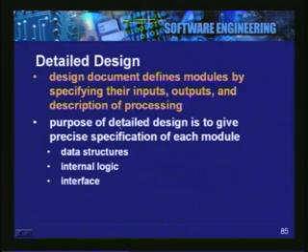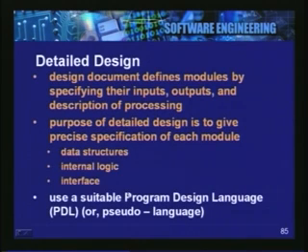We now take each of the module which is identified in the detailed design and develop programming specifications for each module in terms of data structure, internal logic and interface. Given this, then the programmer will be able to implement. The logic of the program can be given using a suitable pseudo programming language, some notation or a flow chart, so that this can be handed over to the programmer.